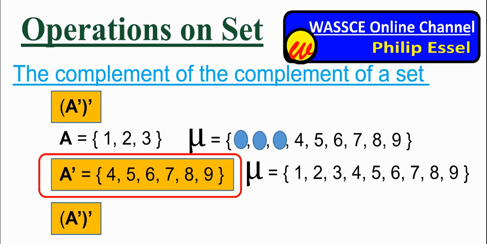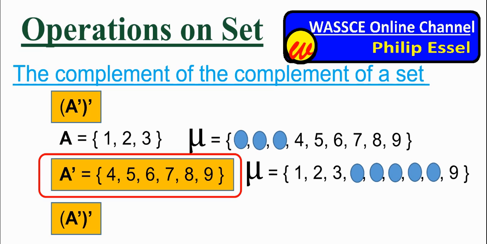So as usual, we will go into the universal set and we'll cancel out all the members of the universal set that appear in set A complement. A complement contains 4, so we'll cancel it out. It contains 5, so we'll cancel 5 out. 6, so we'll cancel 6 out. 7, so we'll cancel 7 out. 8, so we'll cancel 8 out.